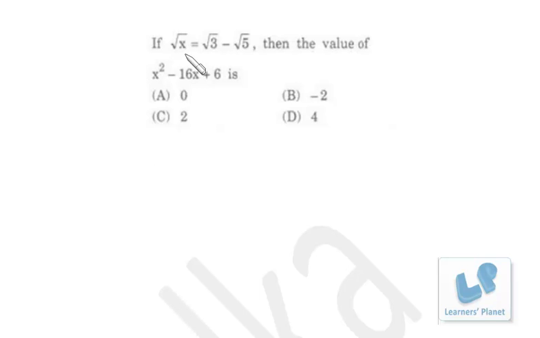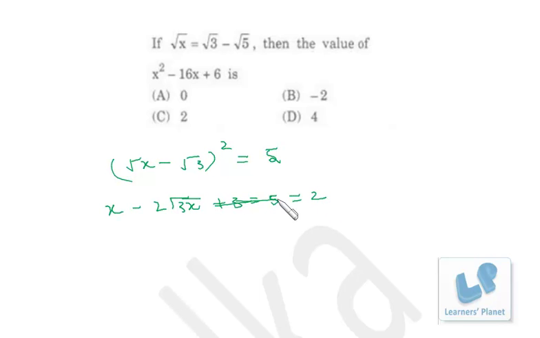Now this problem, root x is equal to root 3 minus root 5. Just solve it. Root x minus root 3 whole square is equal to root 5 whole square, that's 5, right? So this is x minus 2 root 3x plus 3 is equal to 5, right? So this is equal to 2.